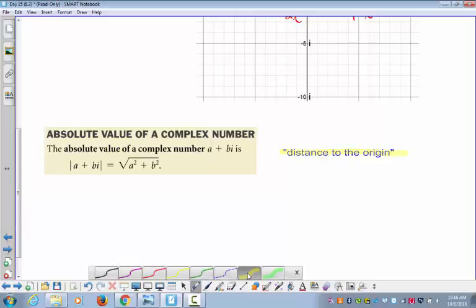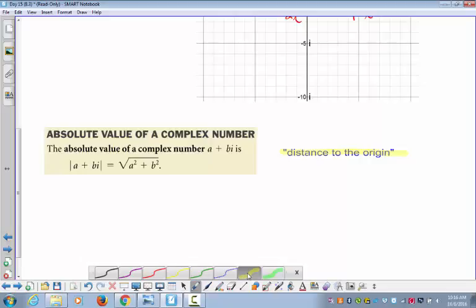And that's a pretty consistent interpretation of absolute value. When we're talking about the absolute value of a real number, you should be thinking of distance to the origin. The absolute value of -3 is 3 because -3 is 3 from the origin. Same idea here. The absolute value of a complex number is going to be its distance to the origin.